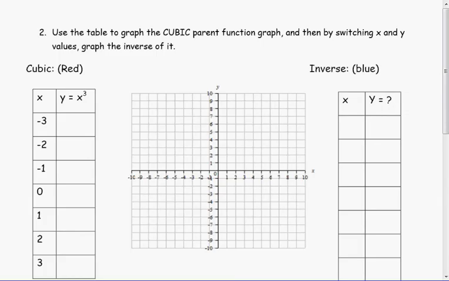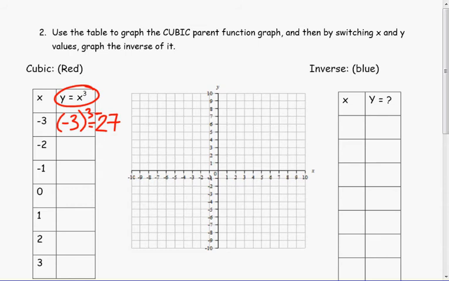All right, we're going to do the same thing now looking at our good friend from last unit, the cubic function. So let's go ahead and plot these points, again, by plugging in these x values into the y equals x cubed equation, getting our y values and plotting them. So again, negative 3 cubed, when we calculate that gives us negative 27.